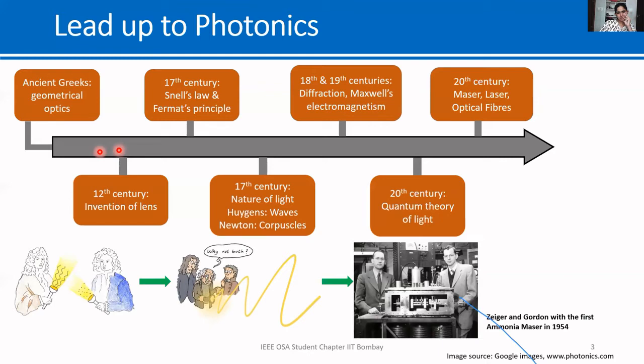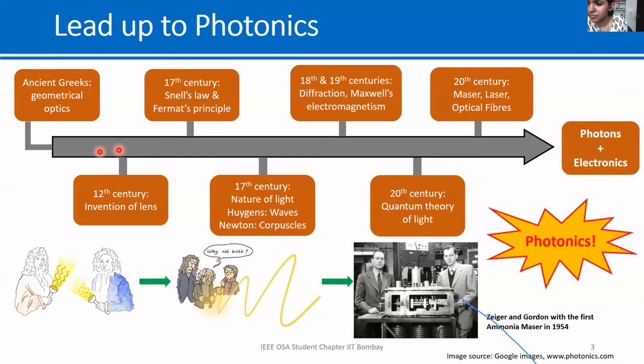And in the mid of the 20th century, with the development of this thing called maser, which is microwave amplification for stimulated emission of radiation in 1954 by these two gentlemen here, began this exploration into several other photonic devices. That's where we get the word photonic, which comes from photons plus electronics.